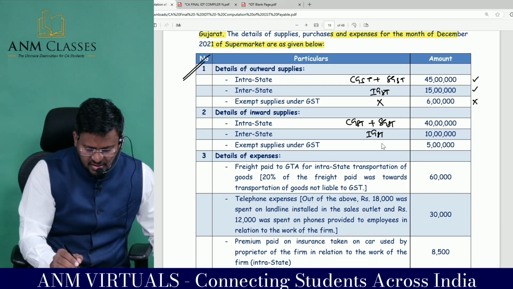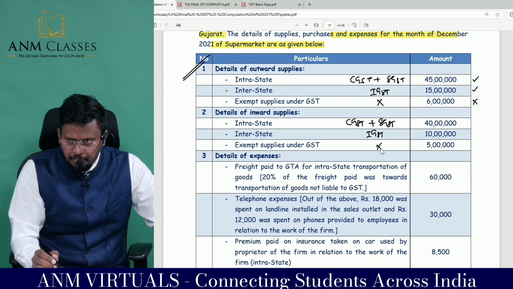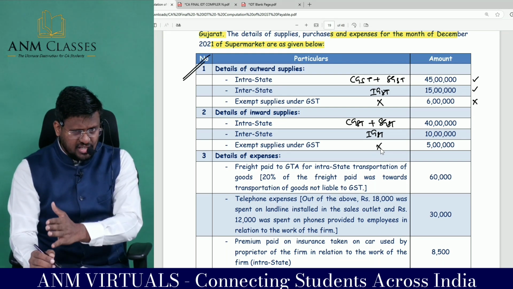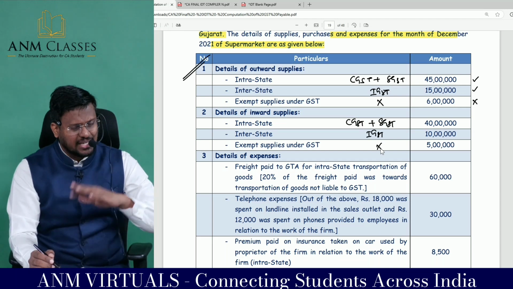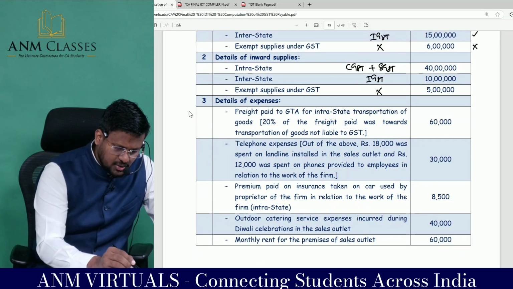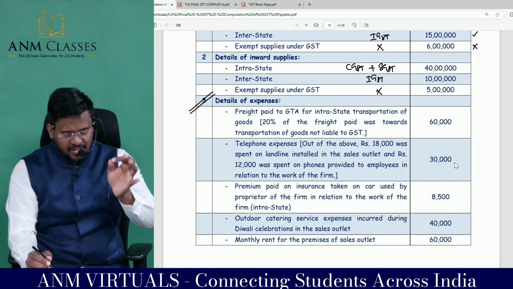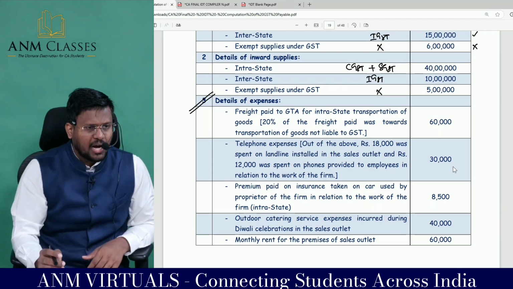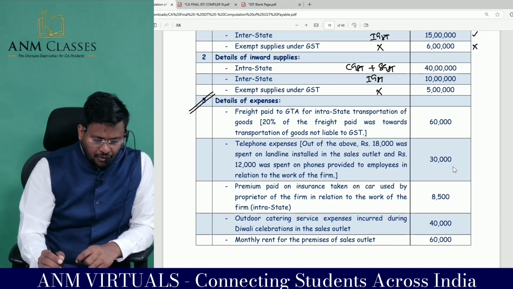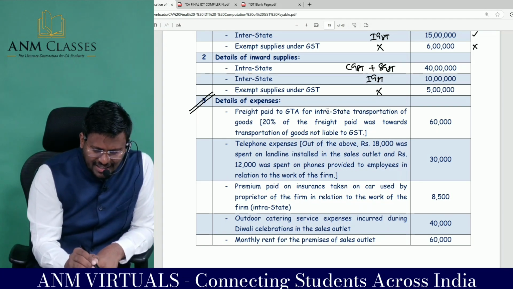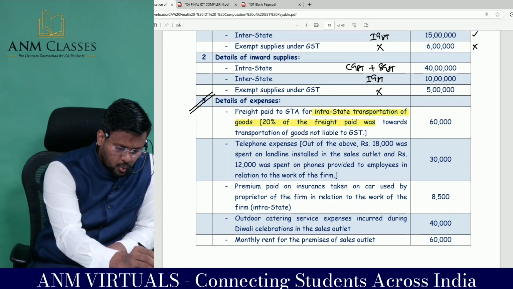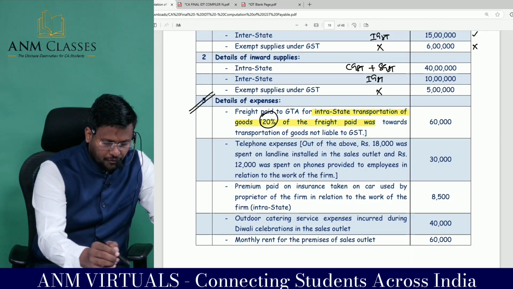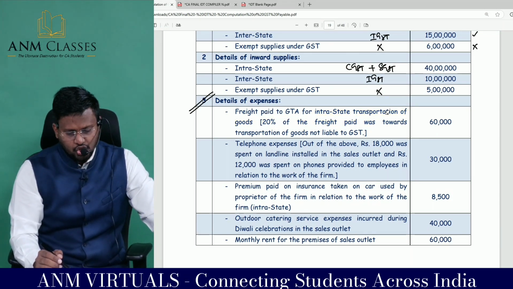Interstate supply, IGST would have been paid. Exempt supply under GST, we would not have paid anything, my dear lovable students, because it would have been covered either under section 11 of the CGST Act or 6 of the IGST Act. Now, details of expenses. Some expense may be FCM or some expense may be RCM, we have to check. Freight paid to GTA for intra-state transportation of goods. 20% of freight paid was towards transportation of goods not liable to GST.